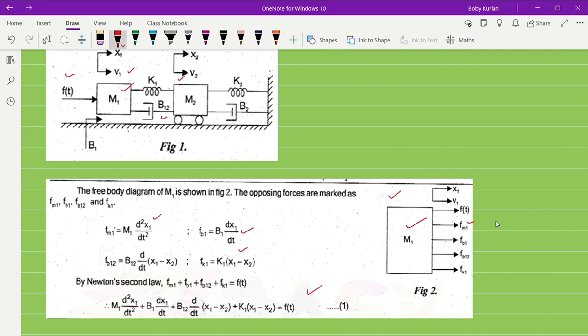Now in the same way, we can consider the differential equation corresponding to m2. The opposing forces are Fm2, Fk1, Fb12, Fk2 and Fb2. So these are the 5 opposing forces. The applied force here will be equal to 0.